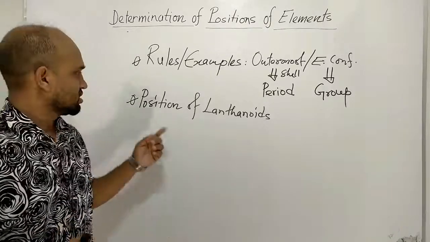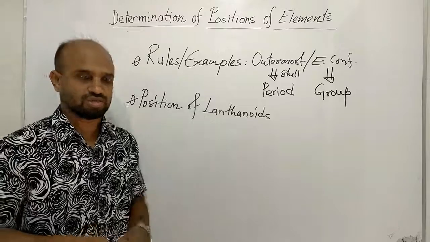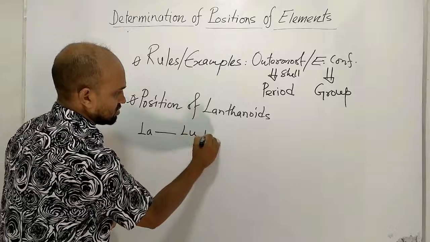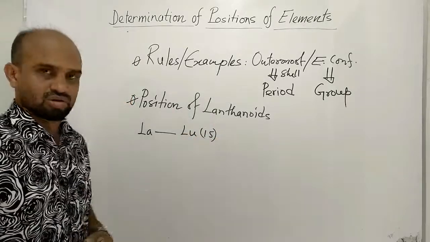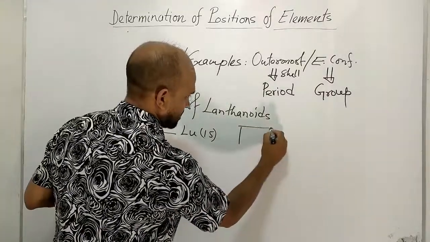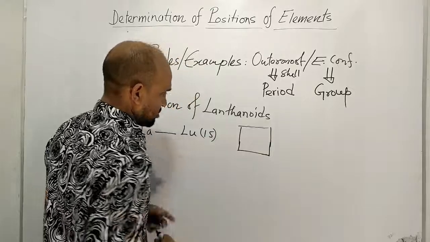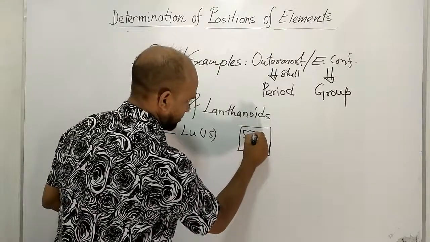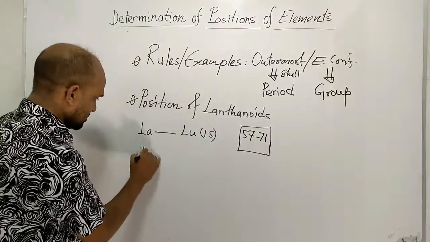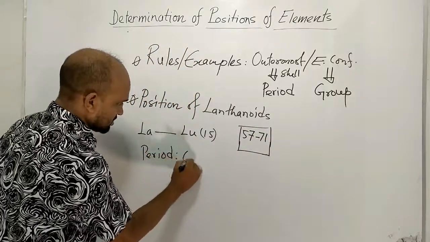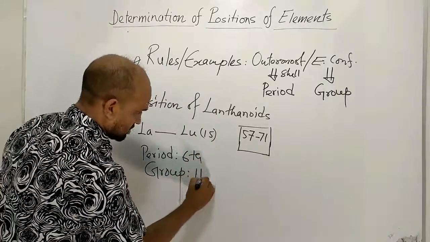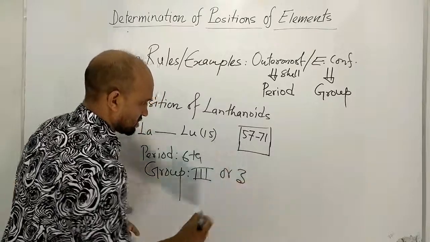Now the point is position of lanthanoids. There are 15 elements, lanthanum to lutetium. These 15 elements are called lanthanoids, and in the periodic table there is a specific place for lanthanoids, that is atomic number 57 to 71, and it is in the 6th period and group is 3B or 3.